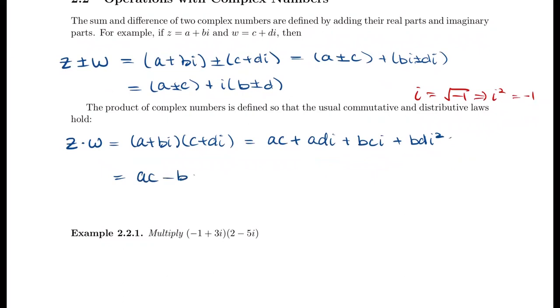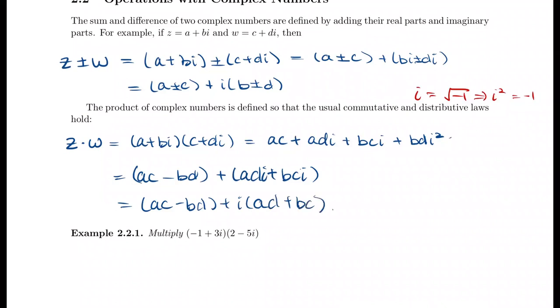Then we add ad plus bc, with the i's in each of these. Or we could also say ac minus bd plus i times ad plus bc.